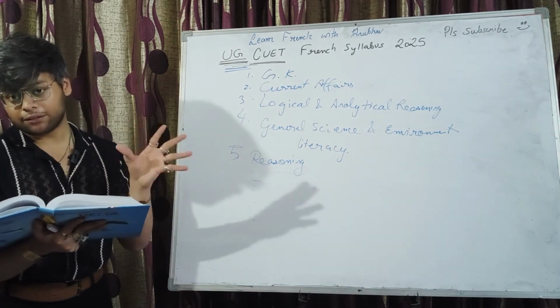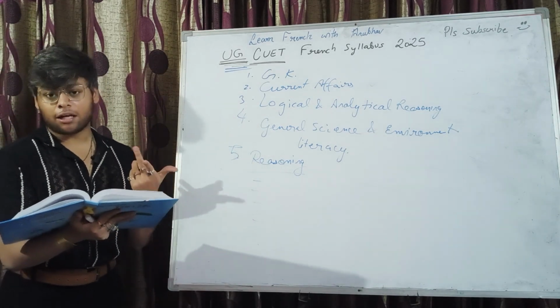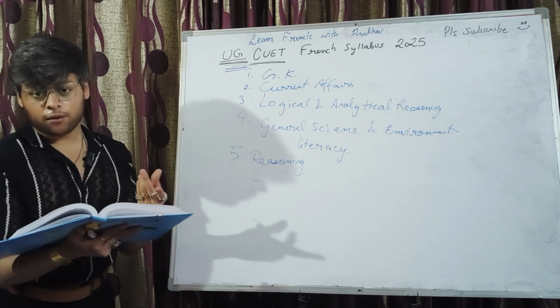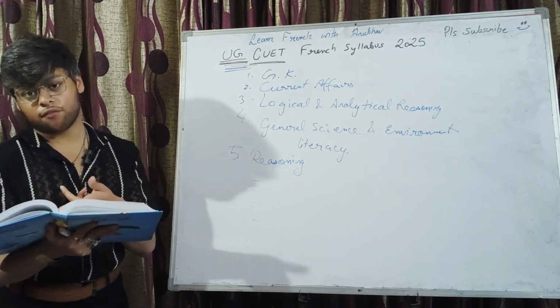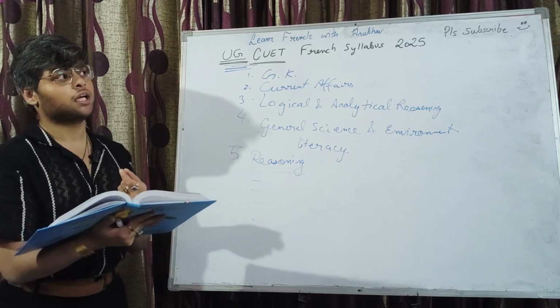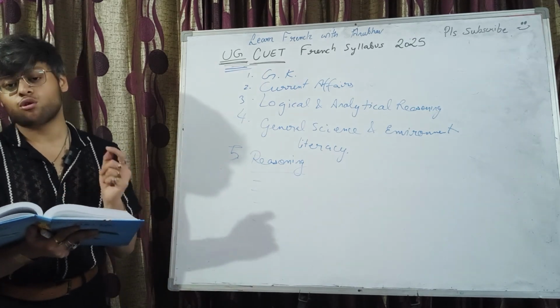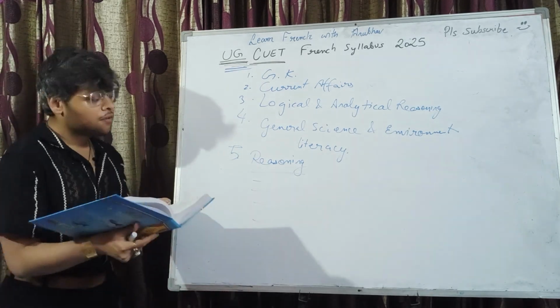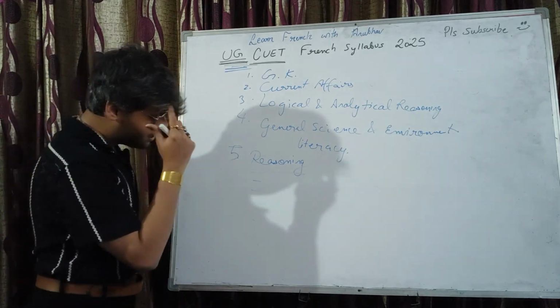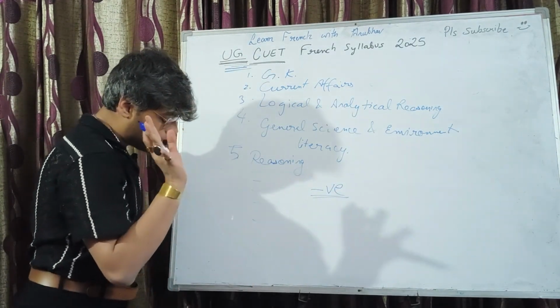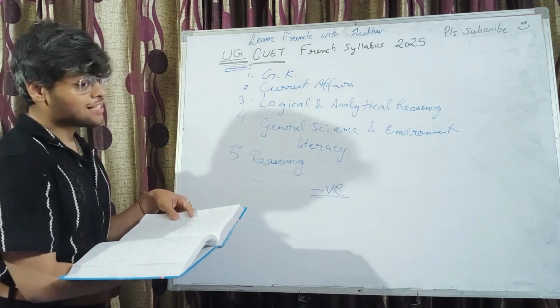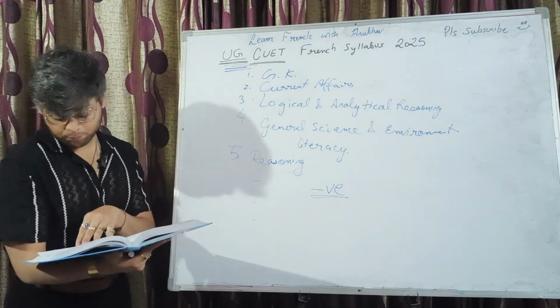Of course, 50 is the maximum limit to attempt, and hence the maximum score for each paper is 250 marks. How? 5 into 50. Each question carries 5 marks, and of course, CUET has negative marking as well. So, minus 1 for every incorrect answer, which means guesswork may not work all the time.